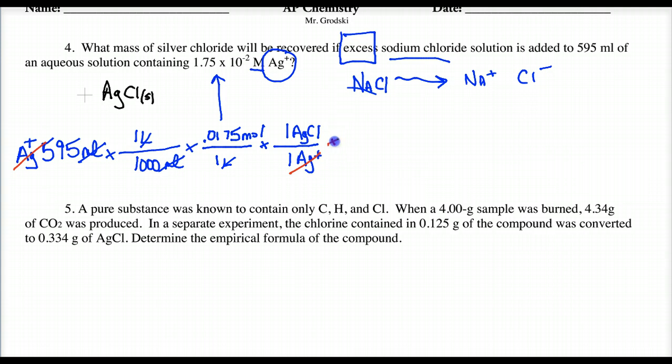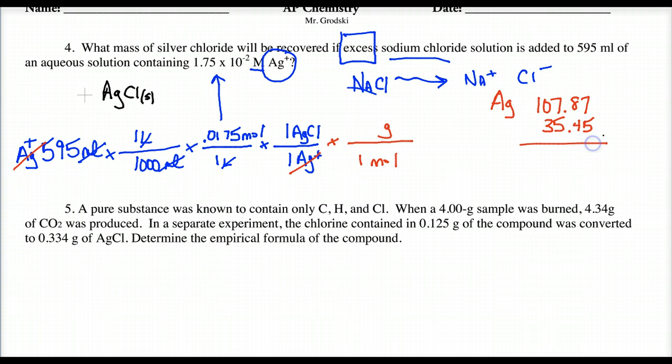And the last thing I'm going to do is find grams since they wanted mass. Notice my moles up here, and 1 mole is how many grams? Well, silver chloride, I've got to look up. So silver, from my periodic table, is 107.87, and my chlorine is 35.45.